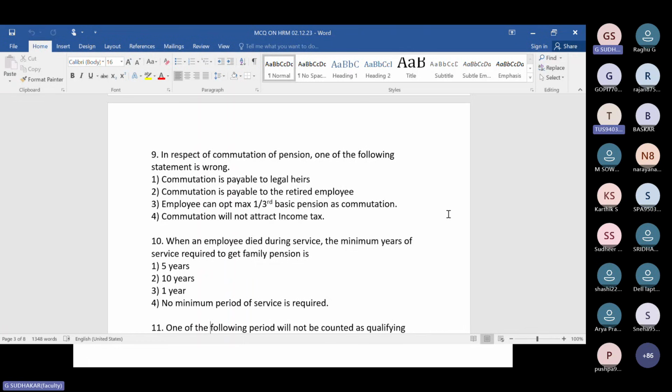Not 60,000, because we have not given the commutation. According to the 90,000, we fix the percentage and calculate the family pension. If it comes to 8,500, we will double it. 16,000 will be payable to the legal heir up to 65 years. 5 years we will give free. After that we will reduce to the single family pension.